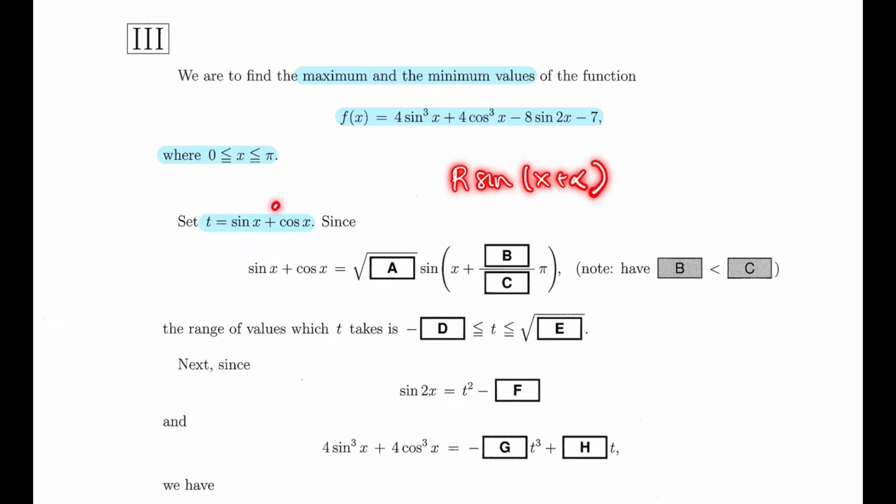So from sine x plus cos x, I usually say this is 2 trigonometry. We want to convert this 2 trigonometry into single trigonometry. How to convert this? We just equate the equation.